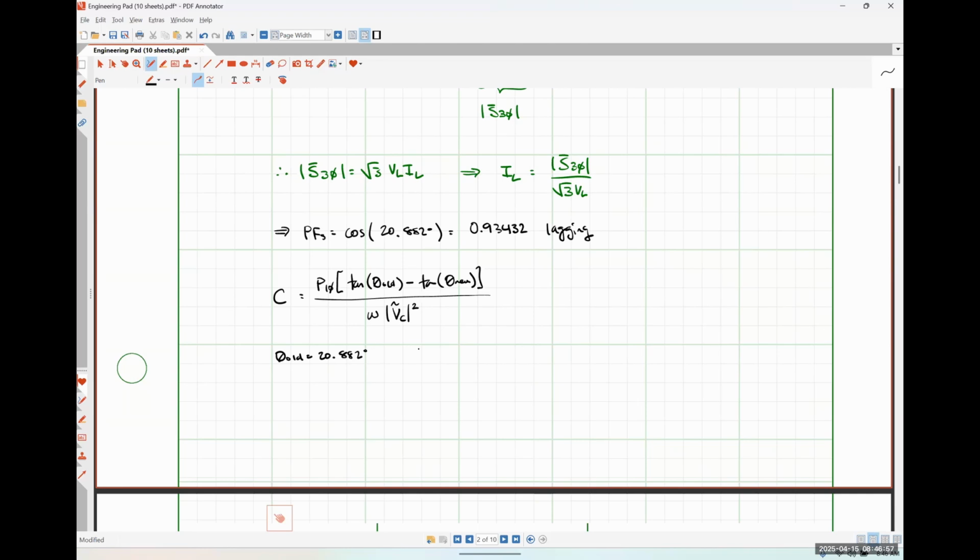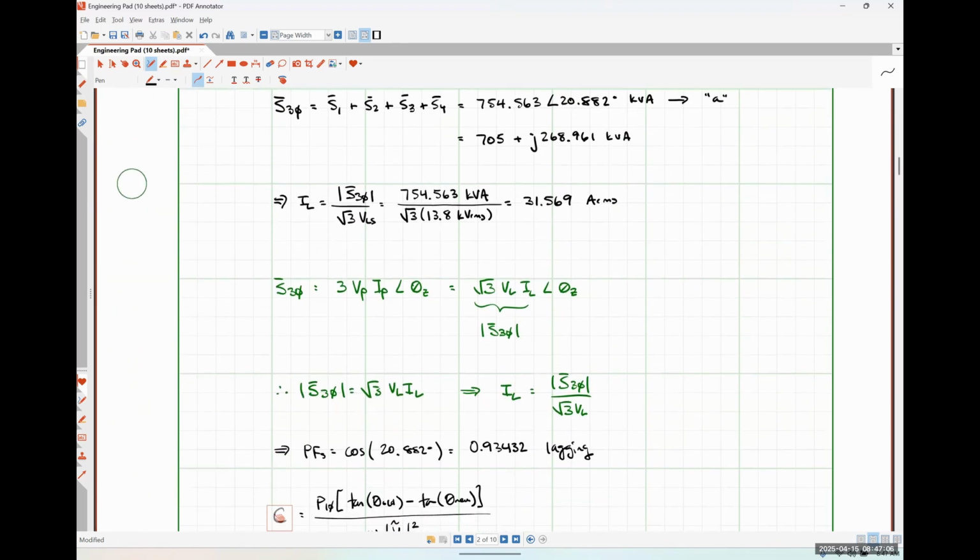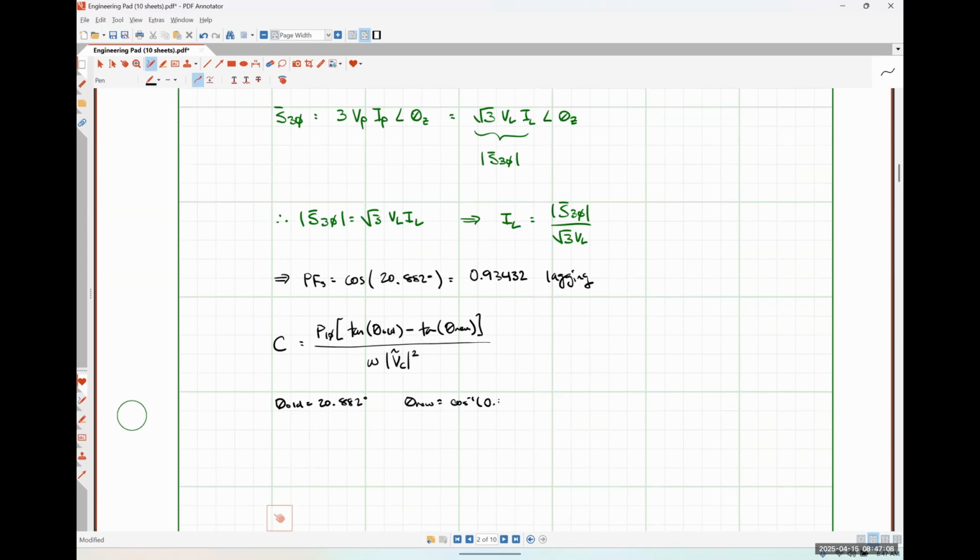Theta new is just going to be the inverse cosine of our target power factor, which is 0.975, which comes out to be 12.836 degrees, which I'm going to store in my calculator as B.